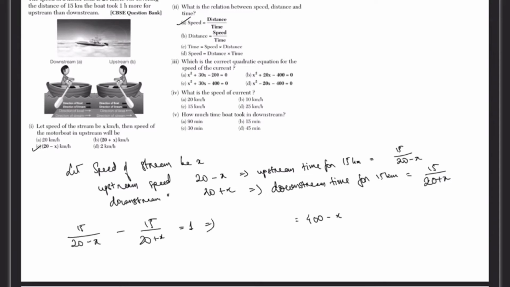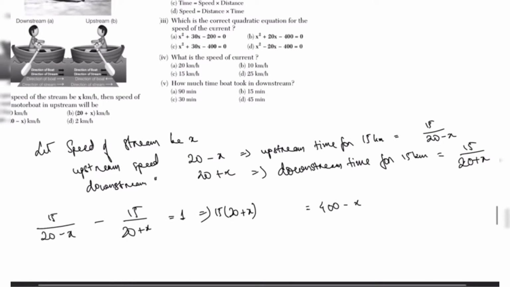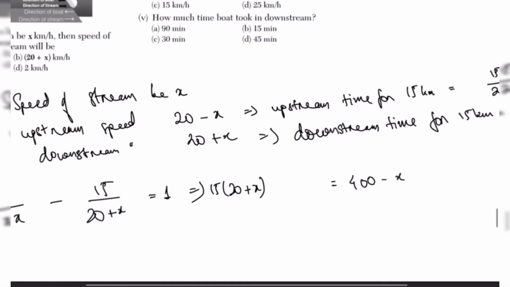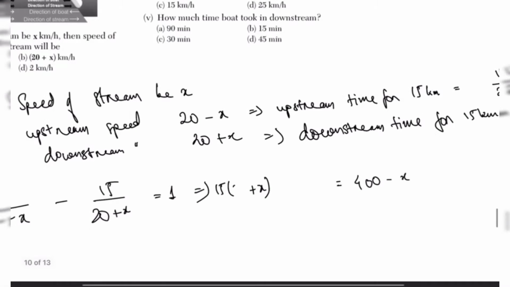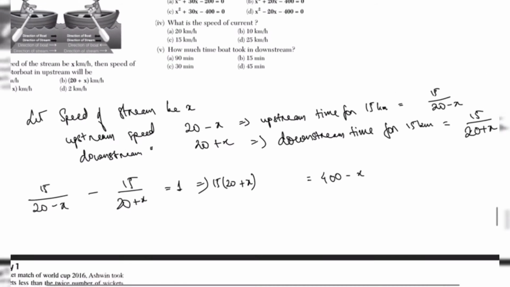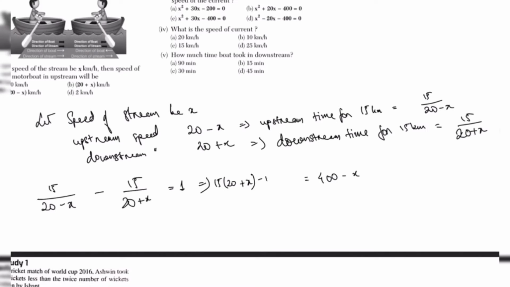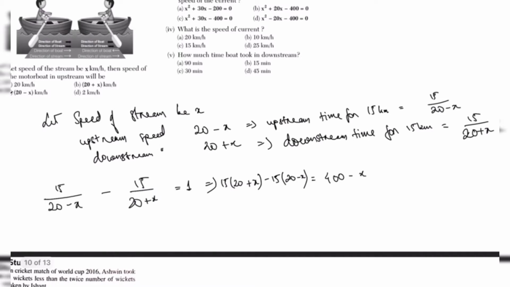So 20 minus x times 20 plus x, if you multiply the first term, 20 minus x is going to get cancelled, so you get 15 times 20 plus x, and similarly for the second term you will get minus 15 times 20 minus x. I'm sorry, this should have been x square.